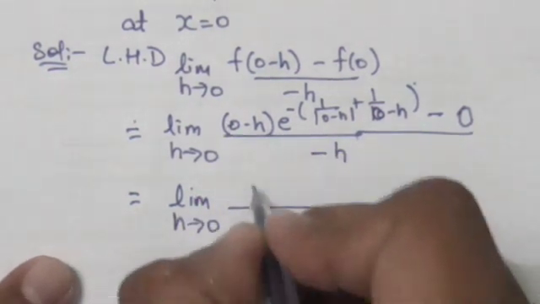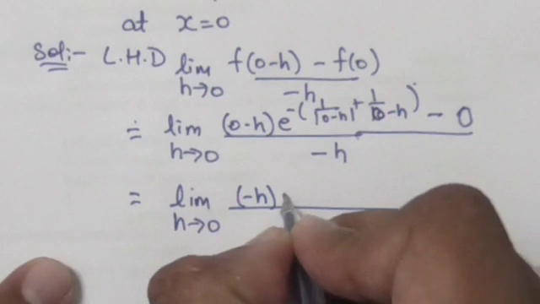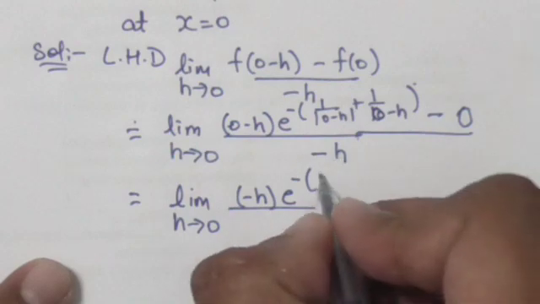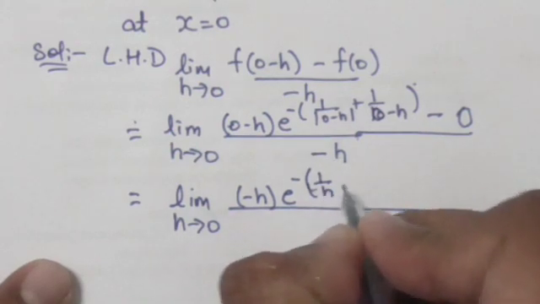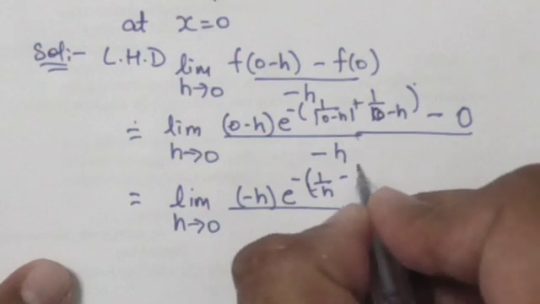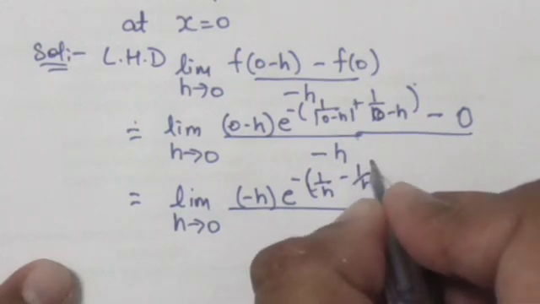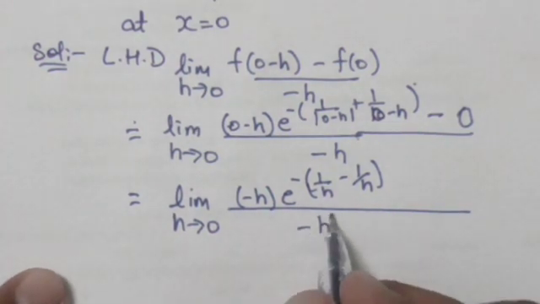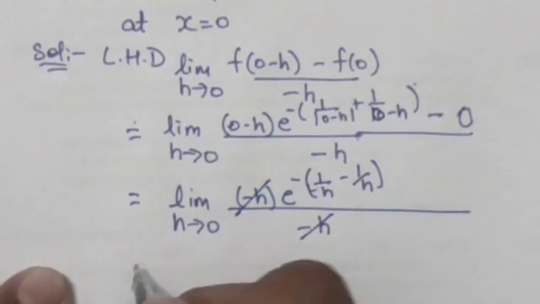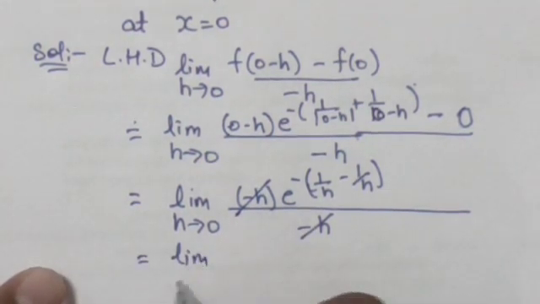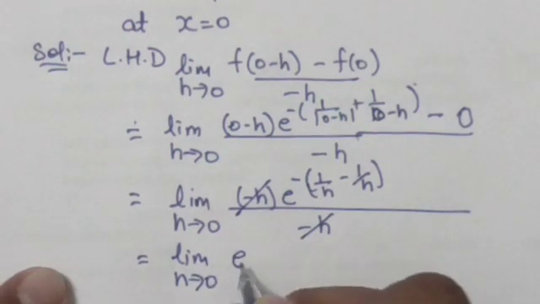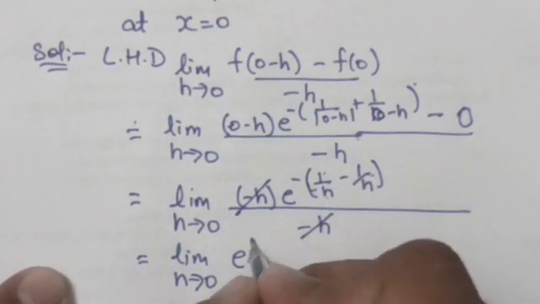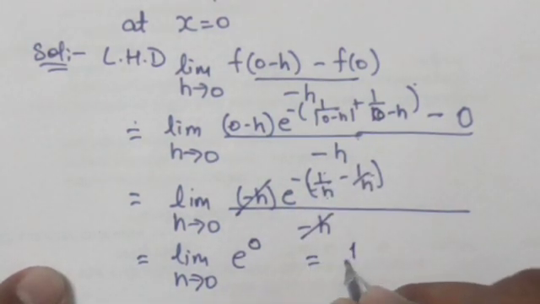So 0 minus h is minus h. E raised to power minus 1 upon 0 minus h, it will be 1 upon h, and 1 upon 0 minus h is this, minus 1 upon h. So this minus h will cancel this minus h. So it will be limit h tends to 0, e raised to power 1 upon h minus 1 upon h, it is what? 0. So it will be equal to 1.